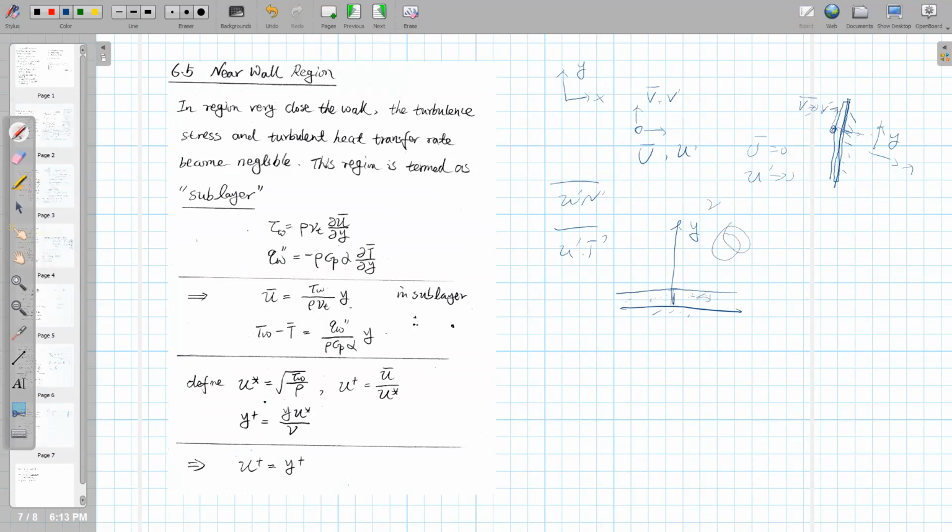Although there may be turbulence outside, even close to the wall we will not have any turbulence effect, only the laminar one. This region is termed the sublayer, the sublayer close to the wall.